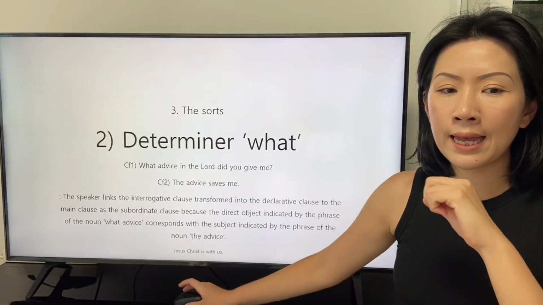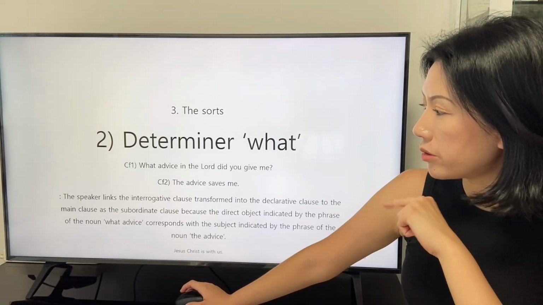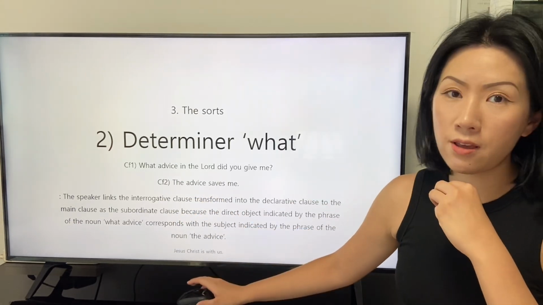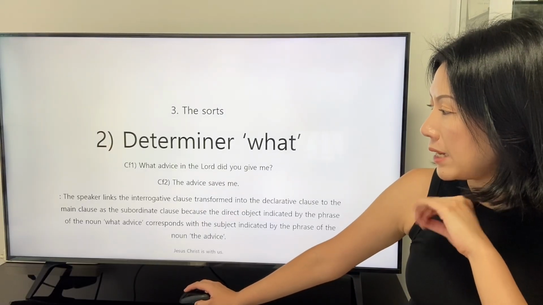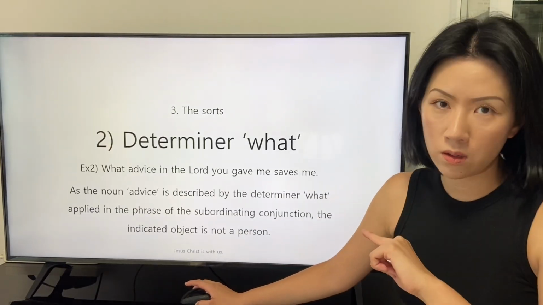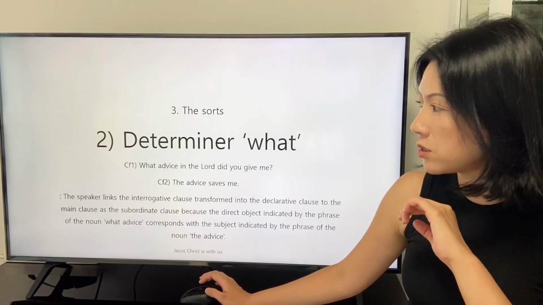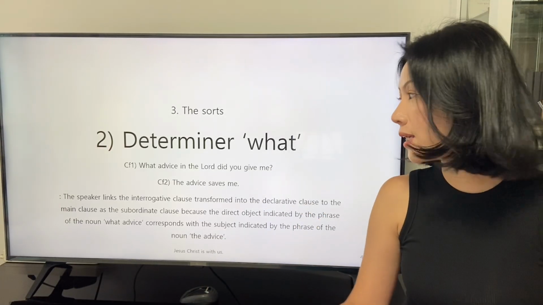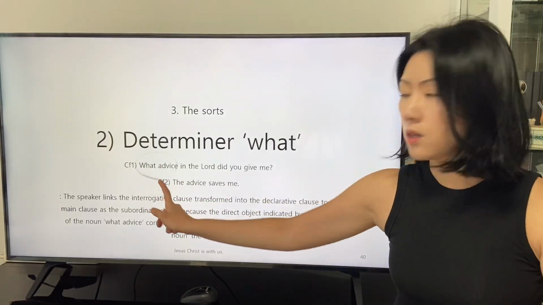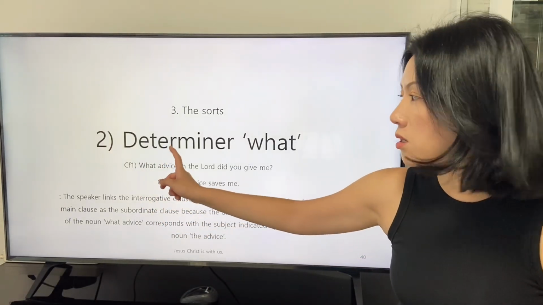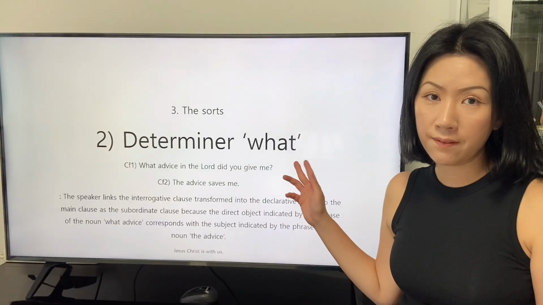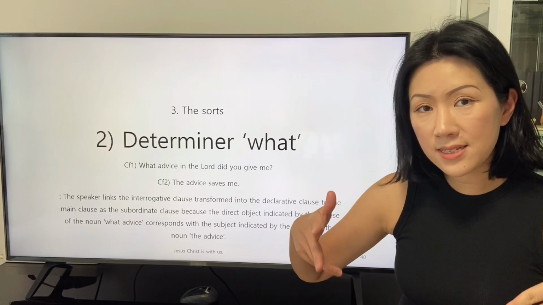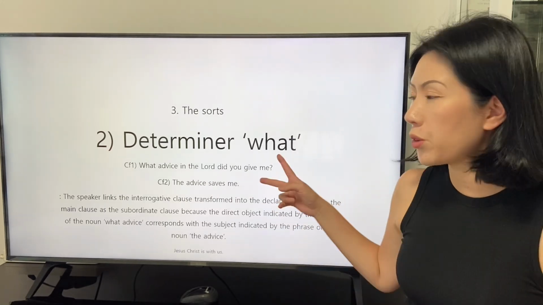The second clause, including the subject, the advice, and transitive verb saves, might become the main clause, and the speaker does not have any inquisitive intent on the direct object of this interrogative clause. So the speaker finds the shared indication in both clauses.